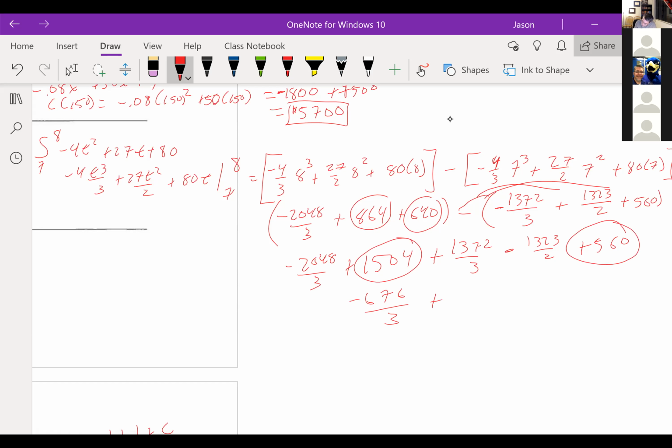Let's combine these guys. Over 2 plus 1504 plus 560 is 2064.